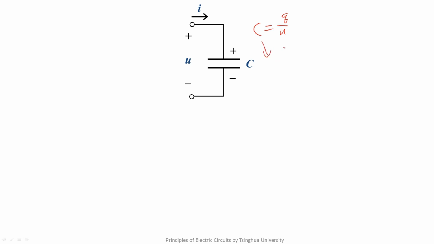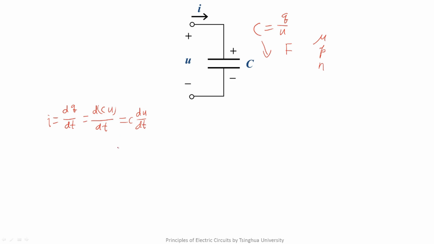Its unit is farad. The commonly used ones are microfarad, picofarad, and nanofarad. After knowing the relationship between the electric charge, the capacitance and the voltage, and that the current is dq over dt, we can derive that i must be equal to C times du over dt.